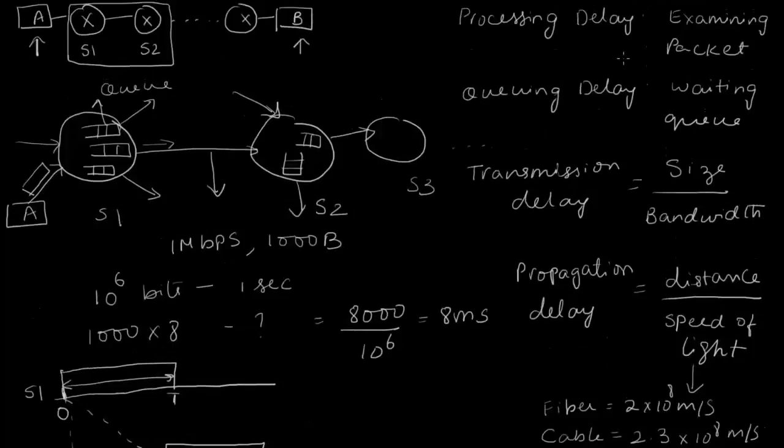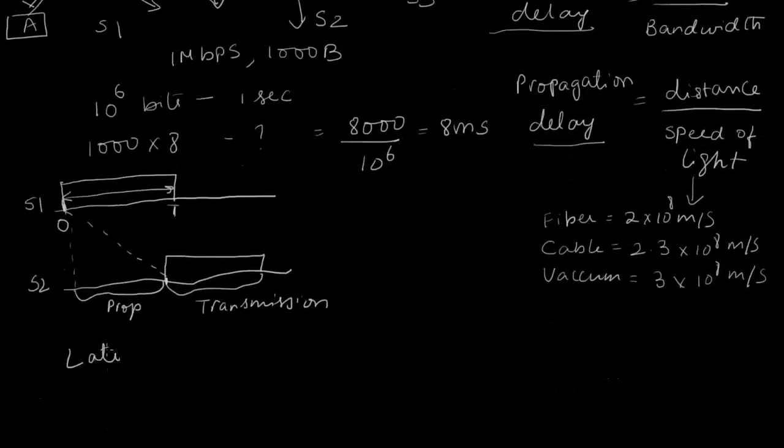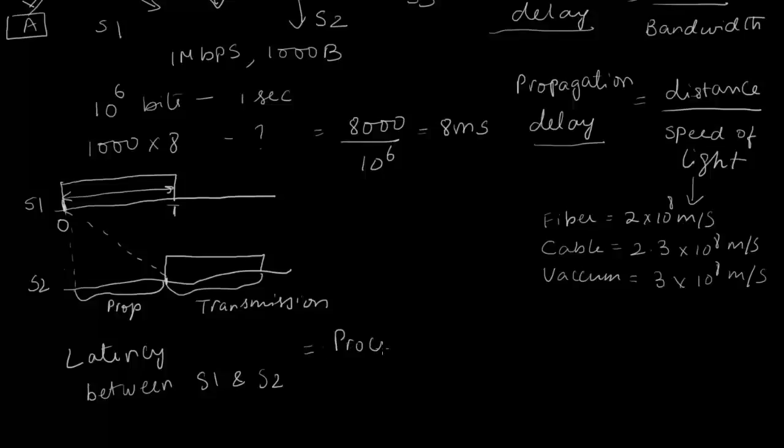First was the processing delay, then it had to be queued up and wait in the queue, and then it had to be transmitted, and then there was a propagation delay before it reached node S2. So between S1 and S2, the overall latency that this packet suffered, and let me emphasize that this is just between S1 and S2, is the sum of the processing plus queuing plus transmission and propagation.